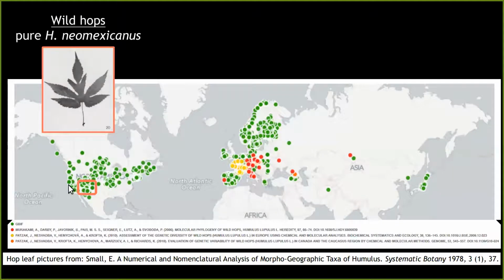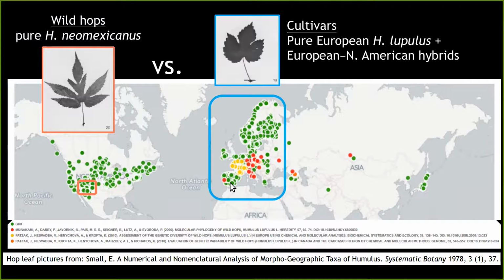In our study, we collected wild hops from the American Southwest, this region. All these wild hops represent the species Humulus neomexicanus. Just to mention, this is one of the studies where we were looking at leaf chemistry rather than cone chemistry. So we were looking at the leaves of Humulus neomexicanus and comparing them to leaves of Humulus, mostly Humulus lupulus, but a group of cultivated hops or hop cultivars.